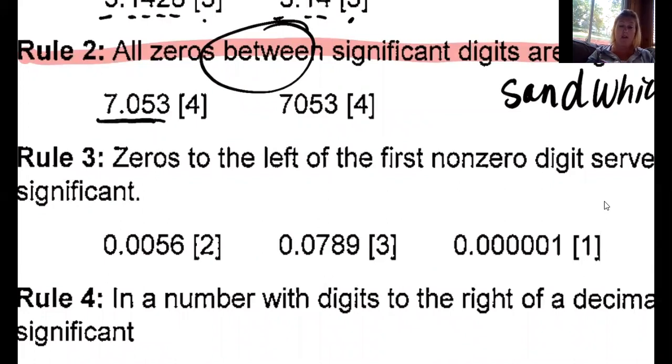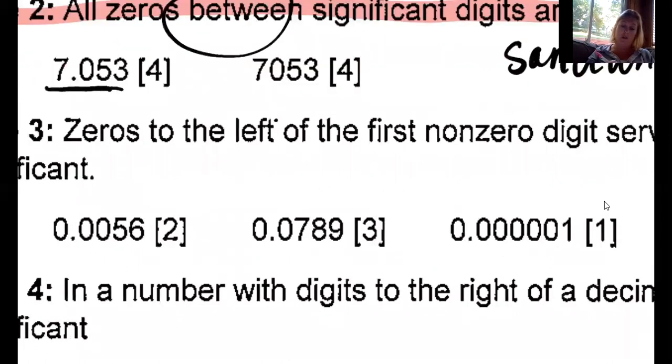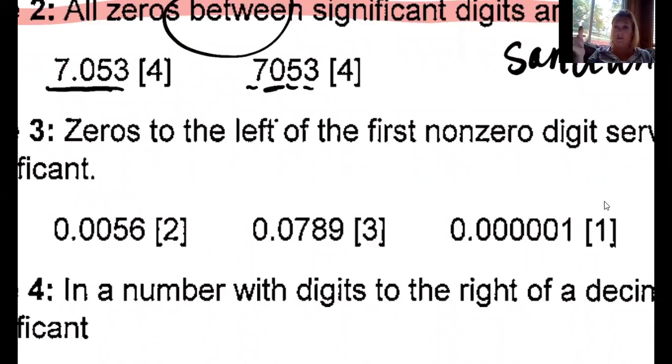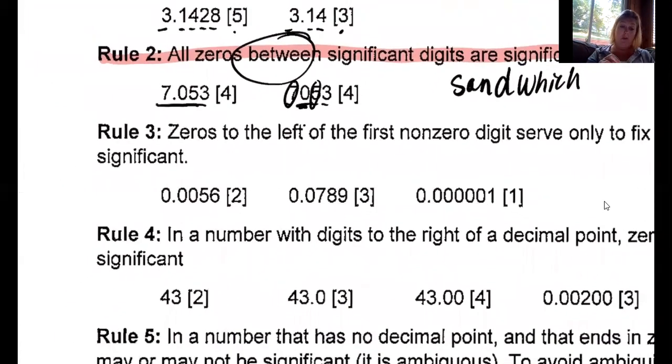And then the 3 is also significant because it's a non-zero digit. So this one is the 7, the 5, and the 3. That's from rule 1. They're non-zeros. And then this 0 would also be significant because it's sandwiched, meaning the 7 would be the bread, and the 5 would be the bread, and the 0 sandwiched between them. Okay, so that's rule 2.